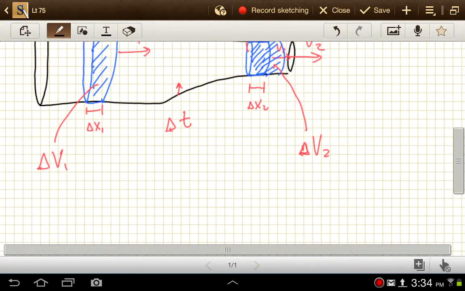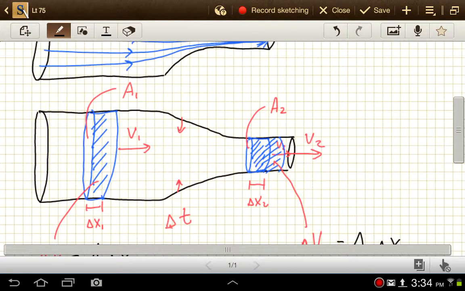So delta V1 is equal to A1 times delta X1. And delta V2 is equal to A2 times delta X2. Okay, so I'm just using the measurements that I labeled earlier on here.